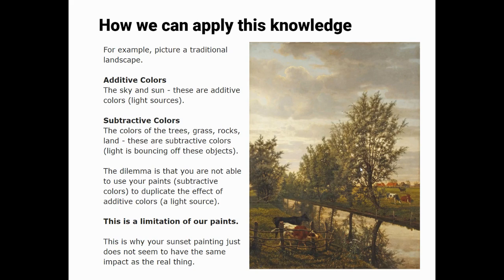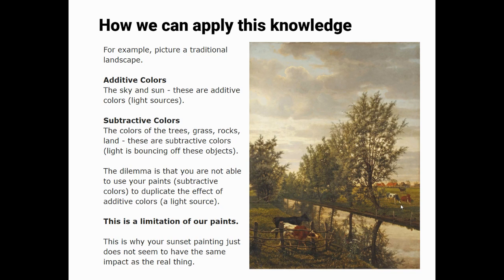So this is a whole bunch of stuff, but I'm going to just talk about the picture. The text on the side, I'll read directly in a minute, but let me talk about the picture for a second. When we're painting something such as a landscape, we are looking at things that are using additive and subtractive colors. The sky, because it is a light base, is additive colors.